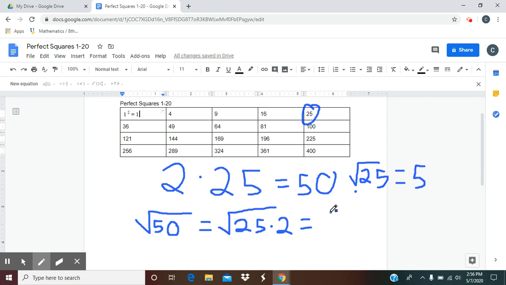So when I take the square root of that number, it comes out. But when I try to take the square root of 2, it doesn't come out evenly. It's going to come out as a decimal. So I'm going to leave that as square root of 2. So 5 square root of 2 would be my answer.